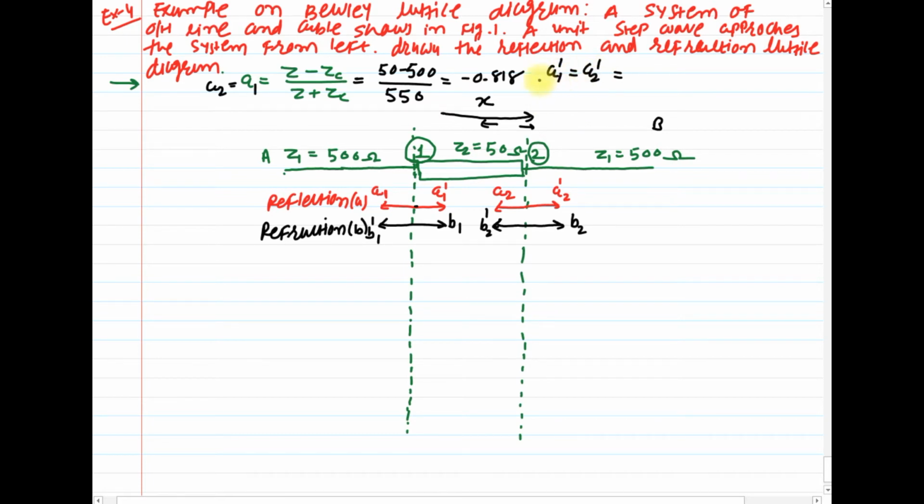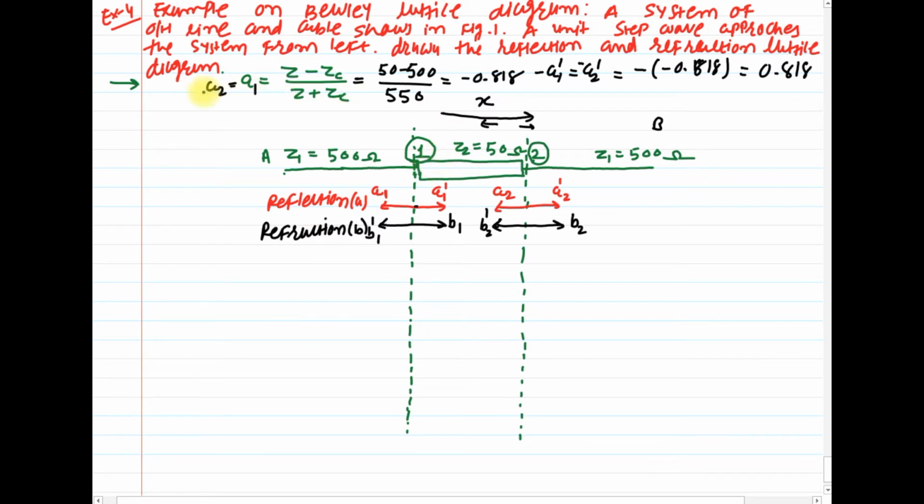That's why here we will consider minus A1 dash, which is equal to minus A2 dash, and which is equal to this whole equation, which is a minus of minus 0.818, which is equal to 0.818. So here we have calculated the total 4 reflection coefficients.